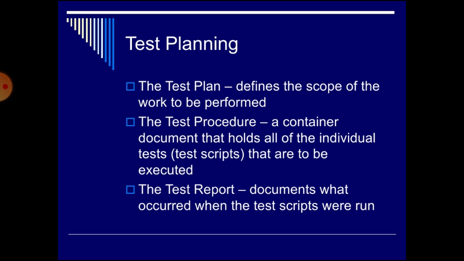The test report documents what occurred when the test scripts were run. At the time of script running or checking, we also identify what report we are going to get from that particular testing, what input we provide on the basis of the script, and what result we get after executing that script.